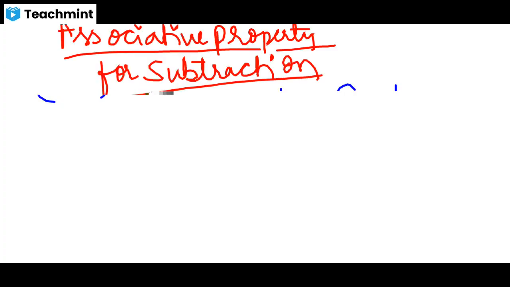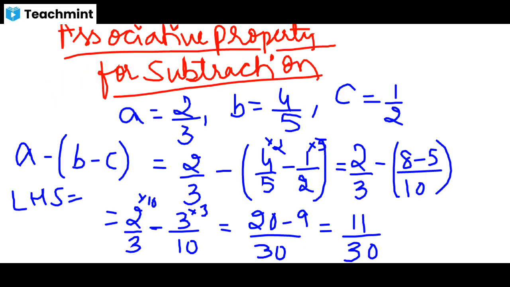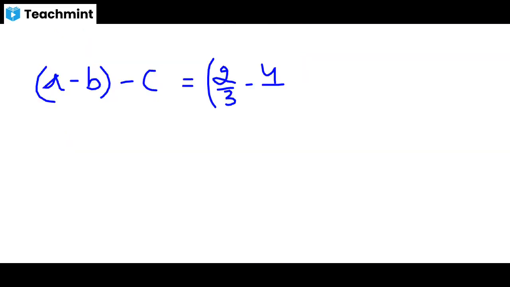So RHS, what you will find? A minus B minus C. So this you can write, A value we are taking 2 by 3 minus B value we have taken 4 by 5 minus 1 by 2. Now what is the LCM of 3 and 5? 15.